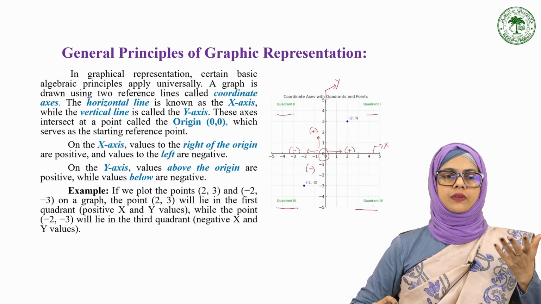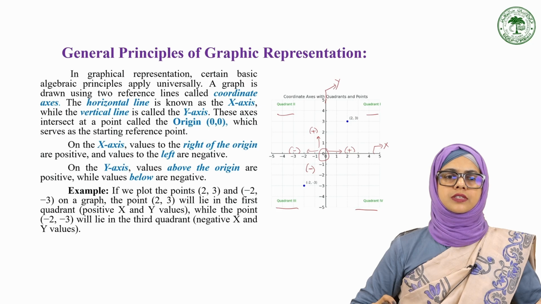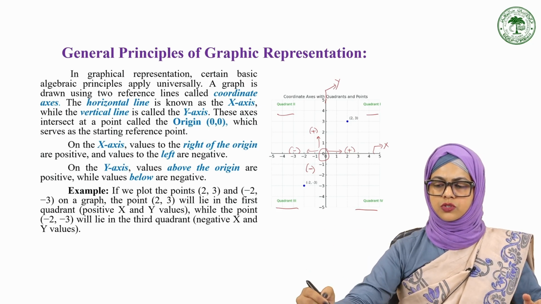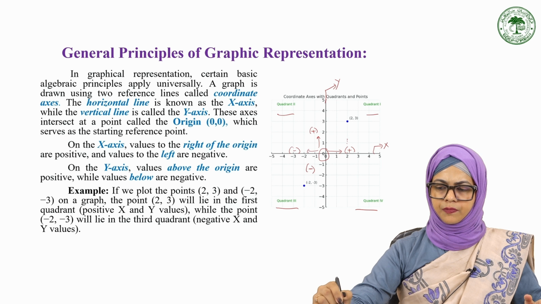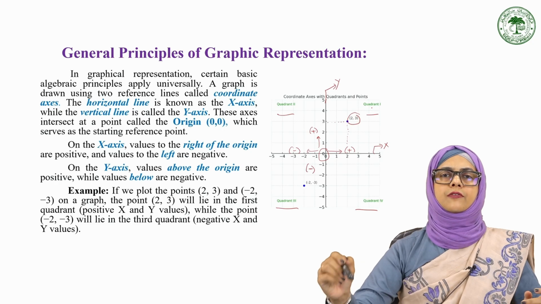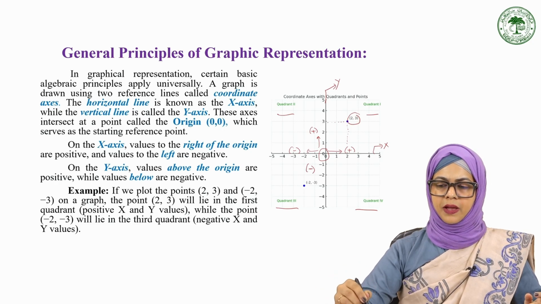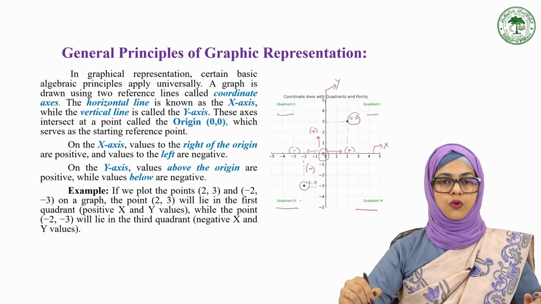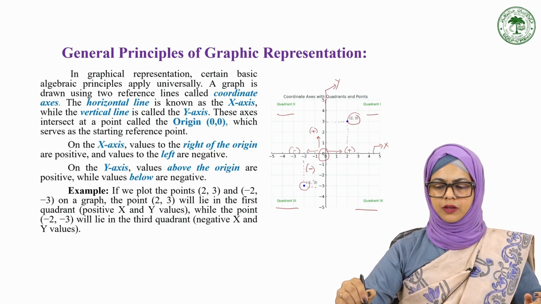So if you want to plot 2 and 3, points 2 and 3, of course 2 is here and this is 3. So both are positive, so it will be in quadrant 1. If it is -2 and -3, -2 here and -3 here, this is where we find that this is in the third quadrant. This is the point, right, here.